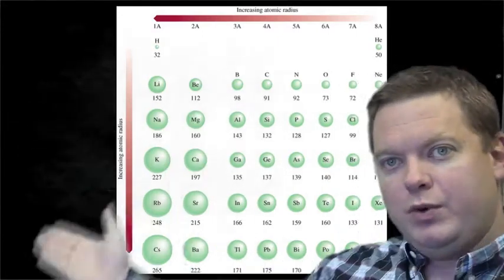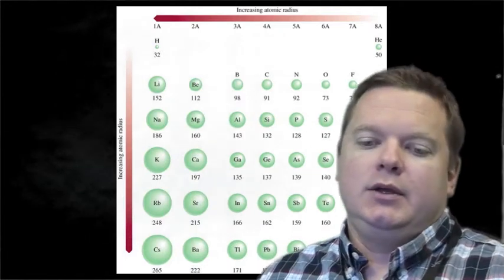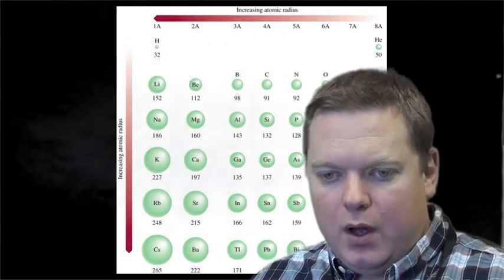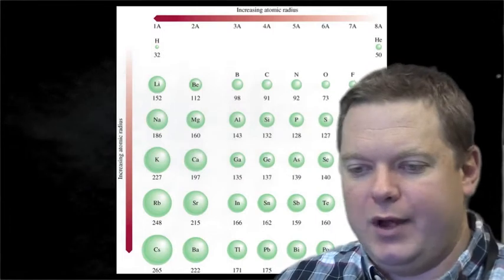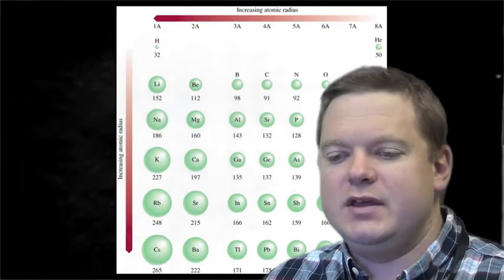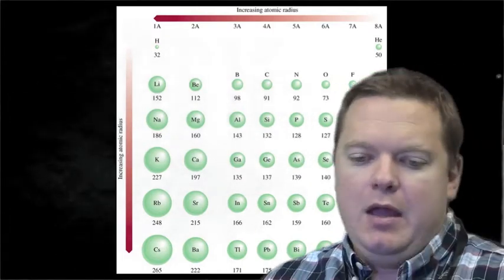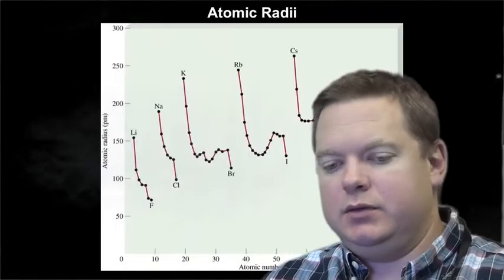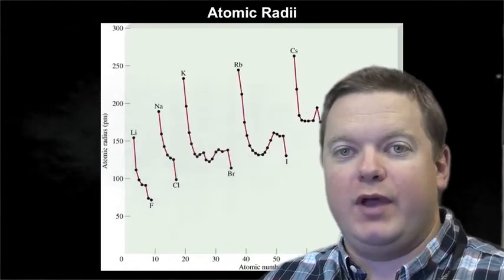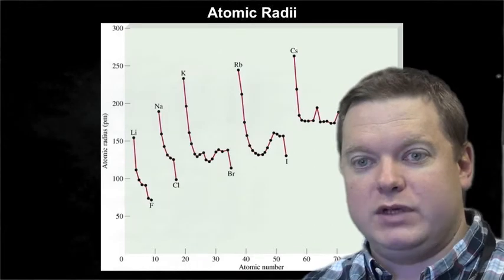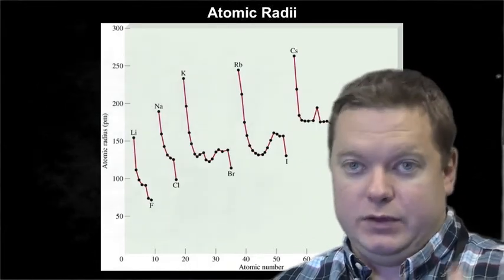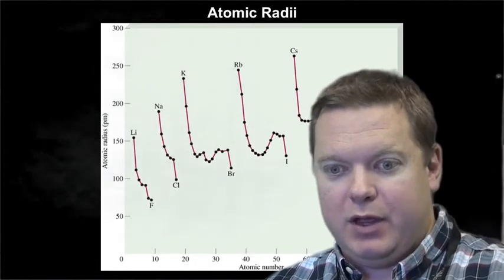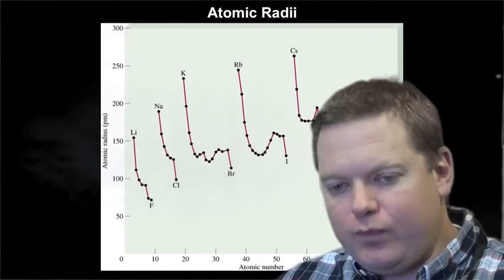So in general, we see the opposite trend in ionic radius. And we can see this if we graphed all of the atomic radii. We see that we always have the smallest value for those halogens, or most of the time. The largest ones, if we go across, are going to be those alkali metals.